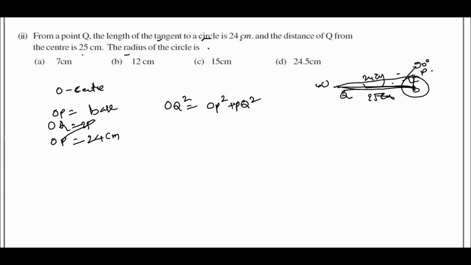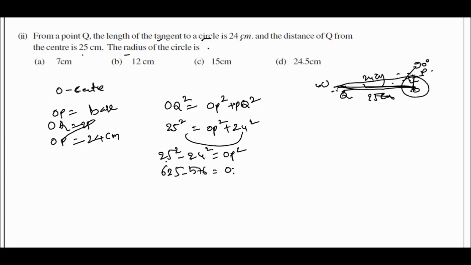Here OQ is 25, so 25 square is equal to OP square plus 24 square. So OP square is equal to 25 square minus 24 square. 25 square is 625, 24 square is 576.